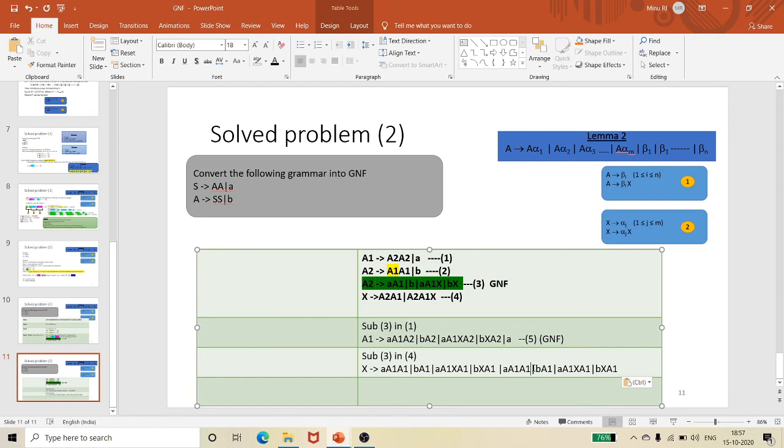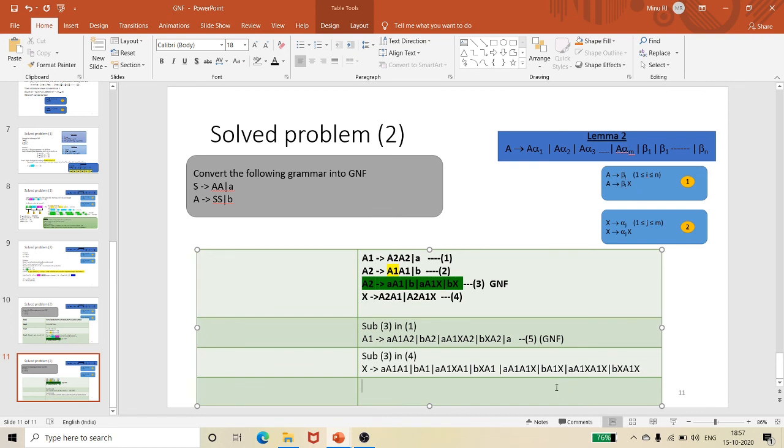I think I don't have any small terminals and all. So this is my grammar.